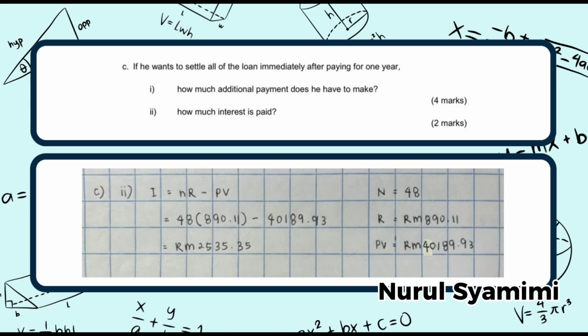R equal RM 890 ringgit and 11 cent. PV equal RM 40,189 ringgit and 93 cent. Now, calculate the information in a calculator using alpha X equal the information, and then press the shift key 2 times. After that, for the answer, we got RM 2,535 ringgit and 35 cent.